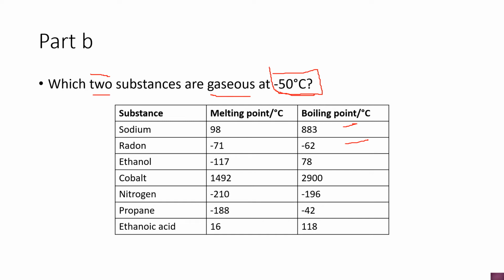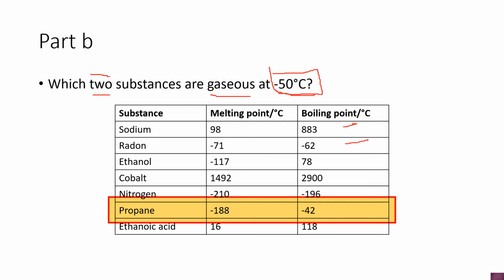Now, to be a gas at this temperature, the boiling point of these substances must be lower than this minus 50. So the first obvious answer we can see is propane, because the boiling point is minus 42. So at this temperature, propane will already be a gas. So during minus 50, it is a gas.